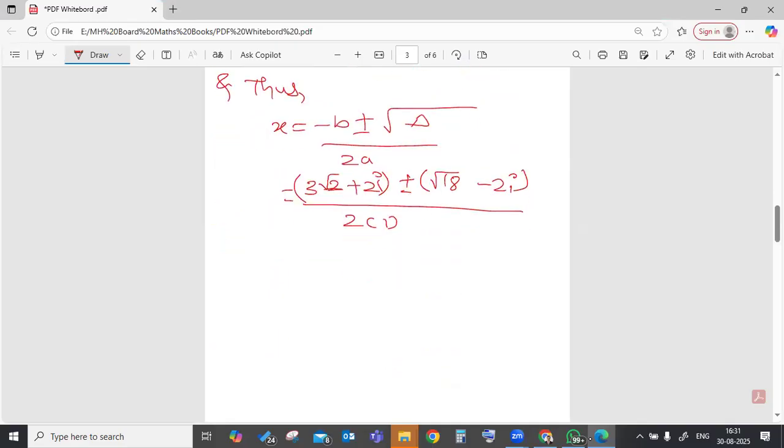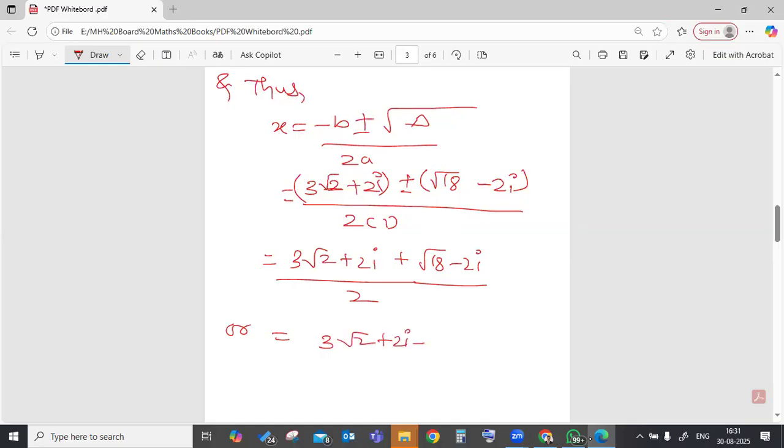So it is 3 root 2 plus 2i plus root 18 minus 2i upon 2, or 3 root 2 plus 2i minus root 18 plus 2i upon 2.